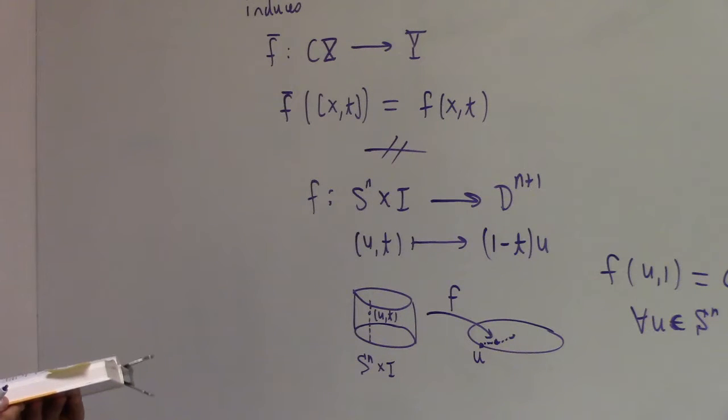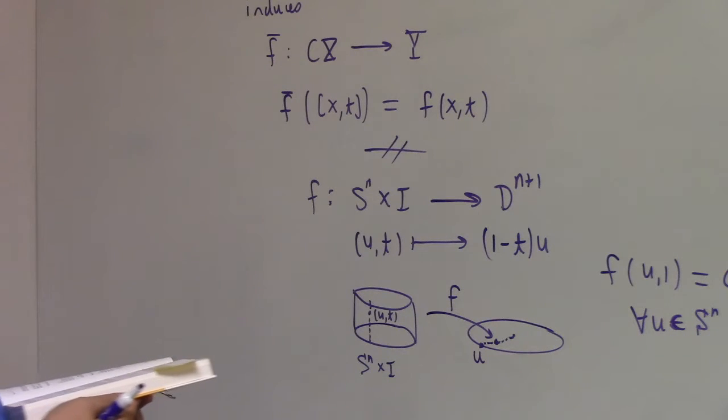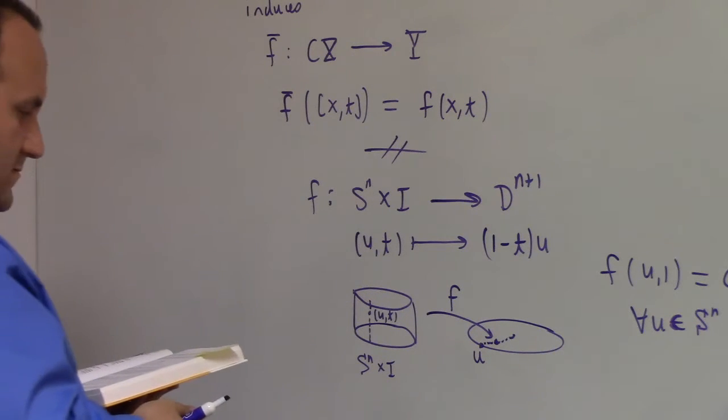So that's a continuous map. And then the f bar, as he says, the reader may check that f bar is a homeomorphism. What is f bar? It's the induced map.